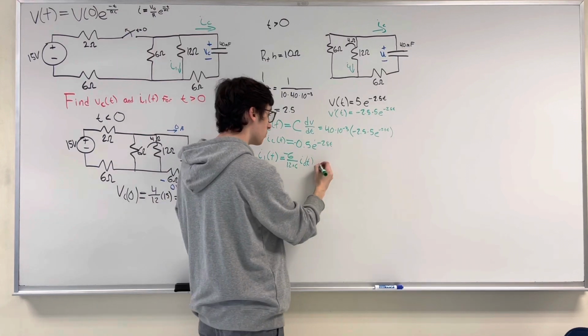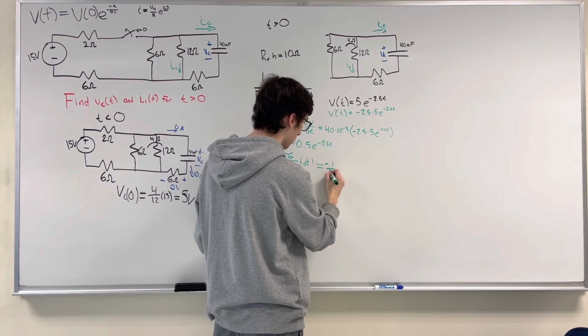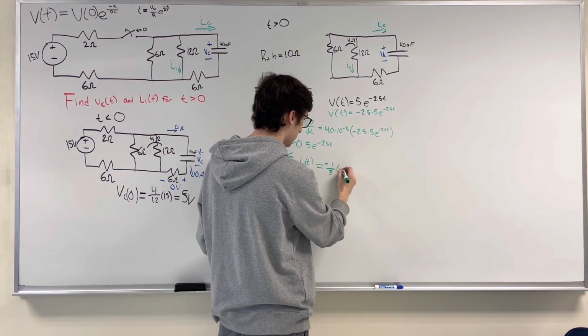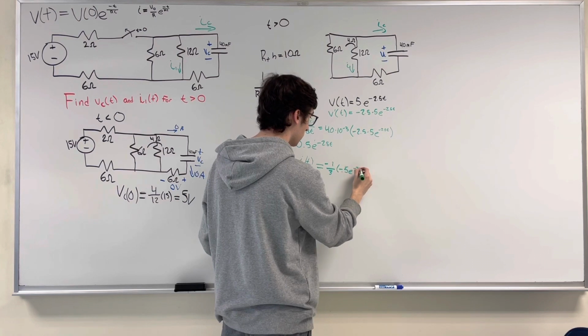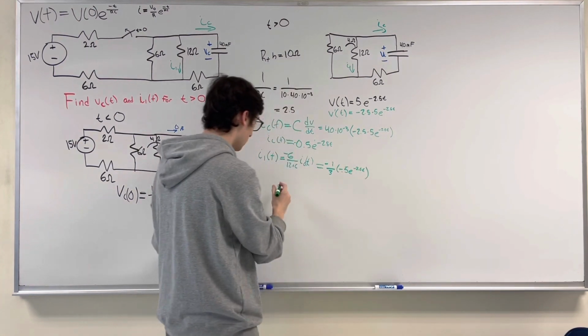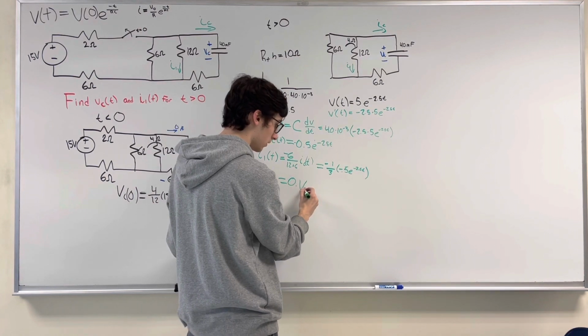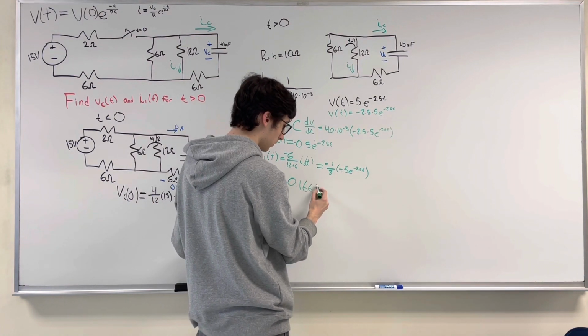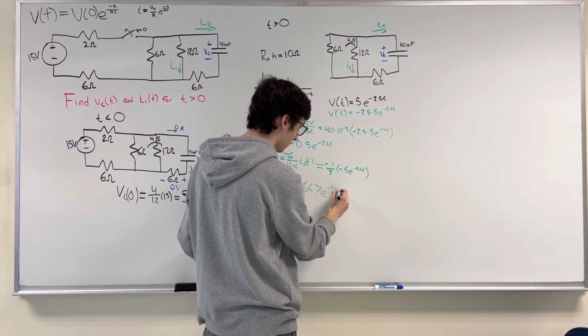All right, so now we just basically plug and chug. So this is going to be equal to negative 1/3 times negative 0.5 e to the negative 2.5 t. So this whole equation is equal to 0.1667 e to the negative 2.5 t.